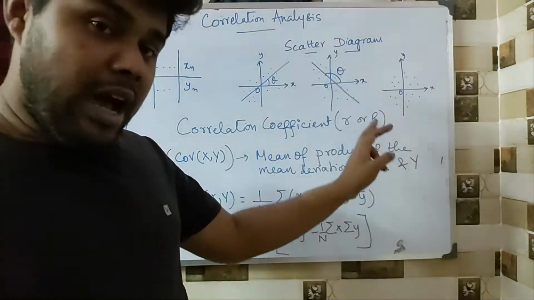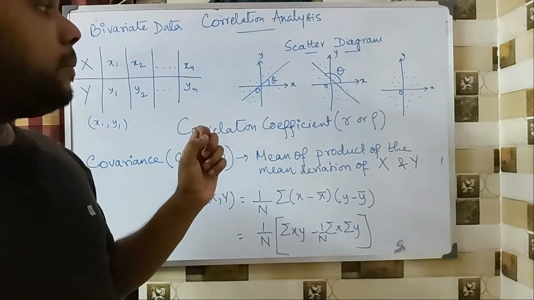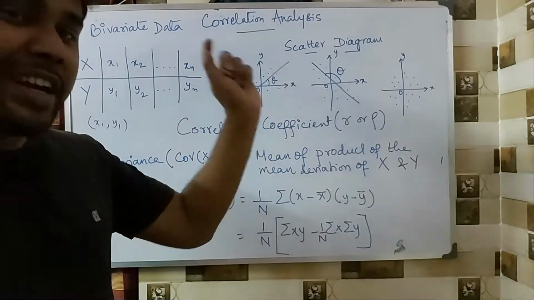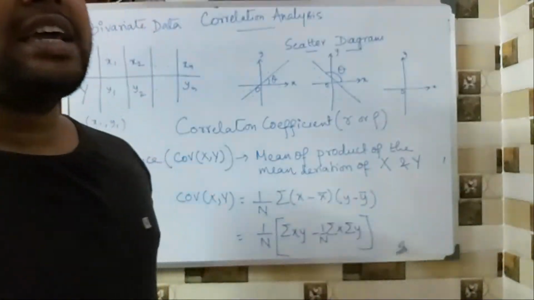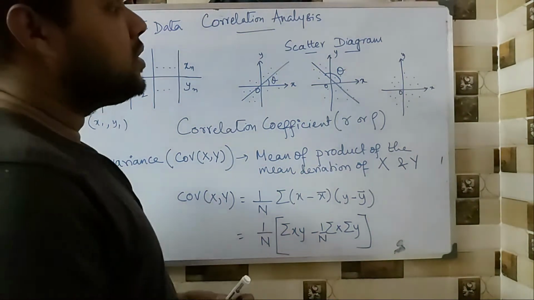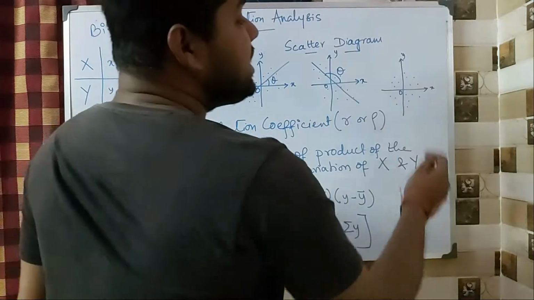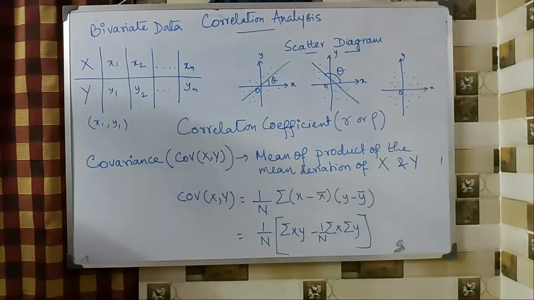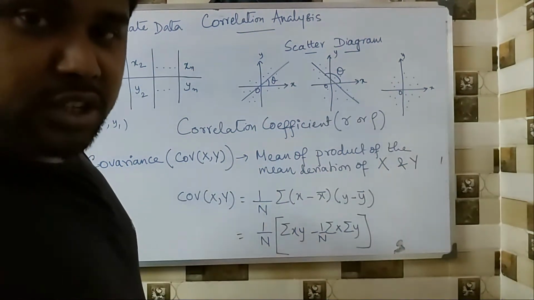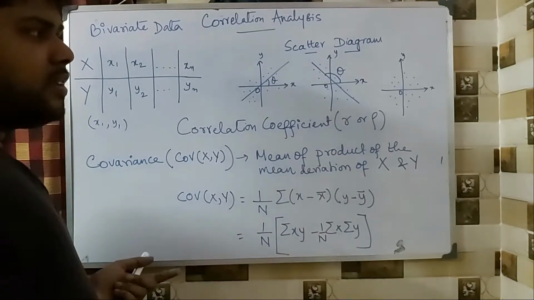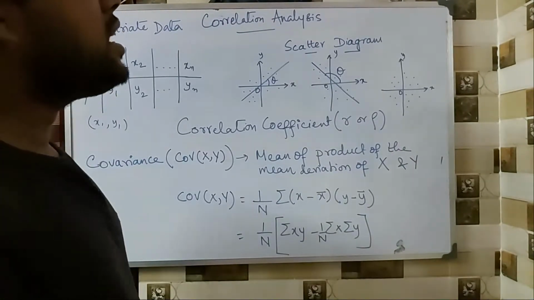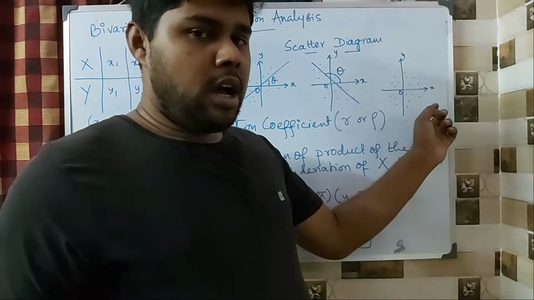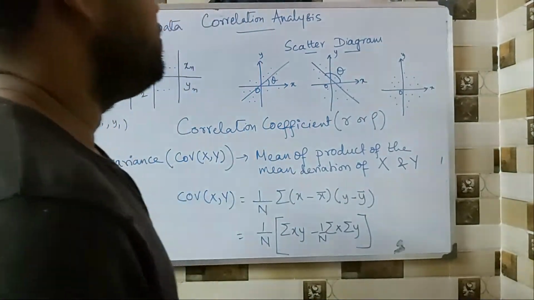In the earlier cases I can draw such a straight line, but in this case I cannot. So here I say that these two data are not correlated with each other, neither positively correlated nor negatively correlated.